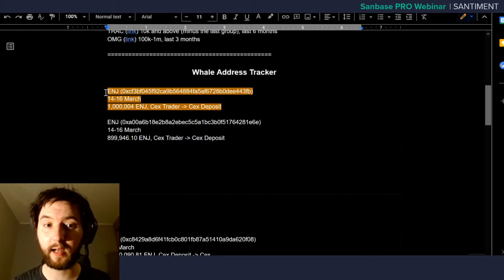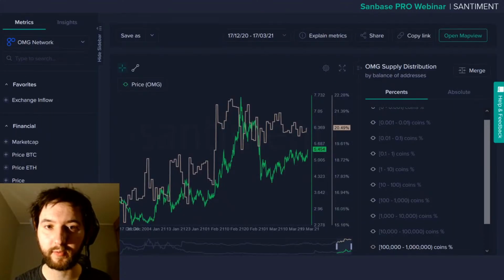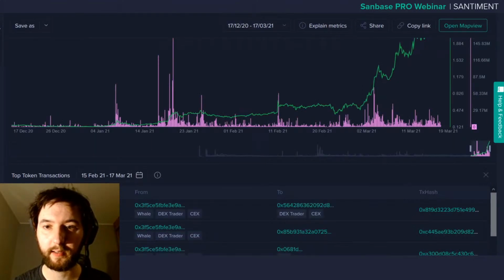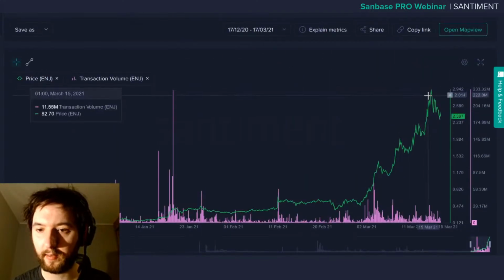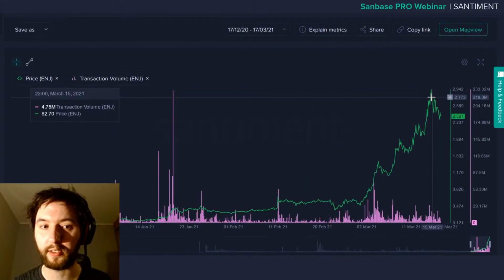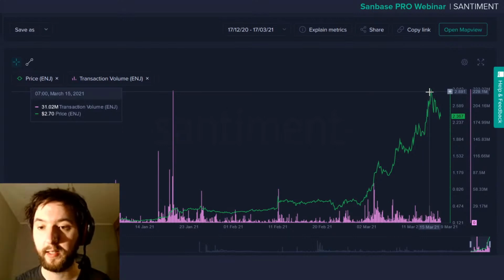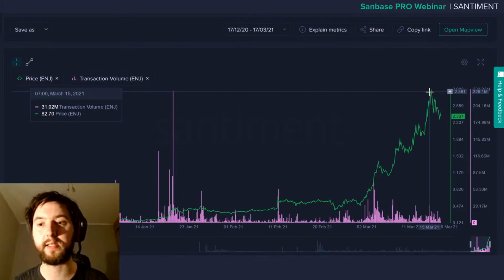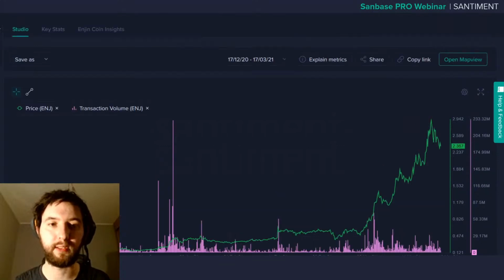So first here, this is the one address that I highlighted that I wanted to show you guys. So I was interested, let me go back, I was interested in this particular top for ENJ, right? I was interested in the general activity of addresses around the price all-time high for Engine, and whether I could discover any market moving addresses or addresses that were particularly adept at playing the ENJ market at this point in time.